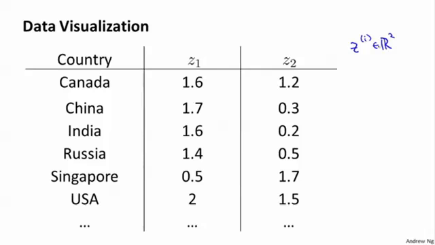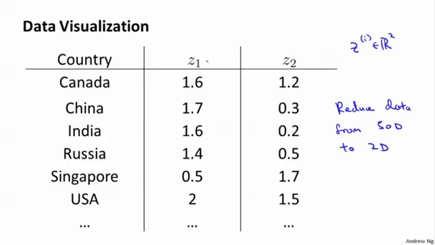If we can have just a pair of numbers, z1 and z2, that somehow summarizes my 50 numbers, maybe we can then plot these countries in R2 and use that to try to understand the features of different countries a little bit better. And so here, you can reduce the data from 50 dimensions to 2D, so we can plot this as a two-dimensional plot.